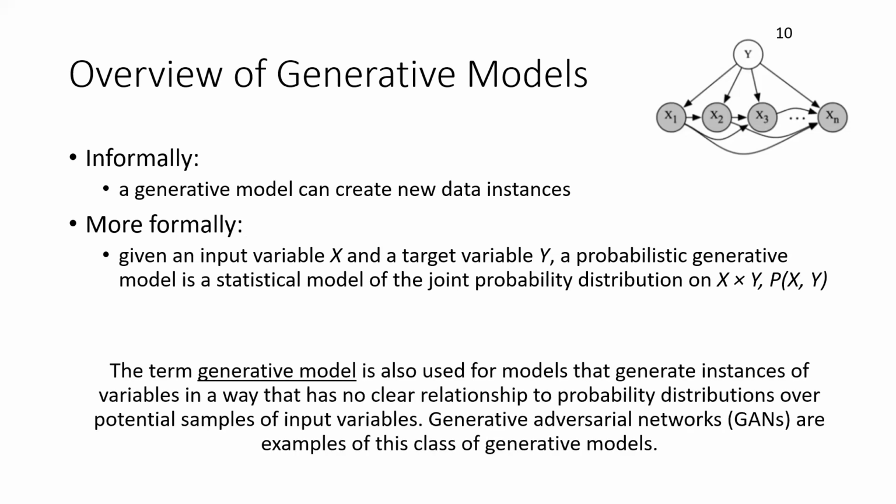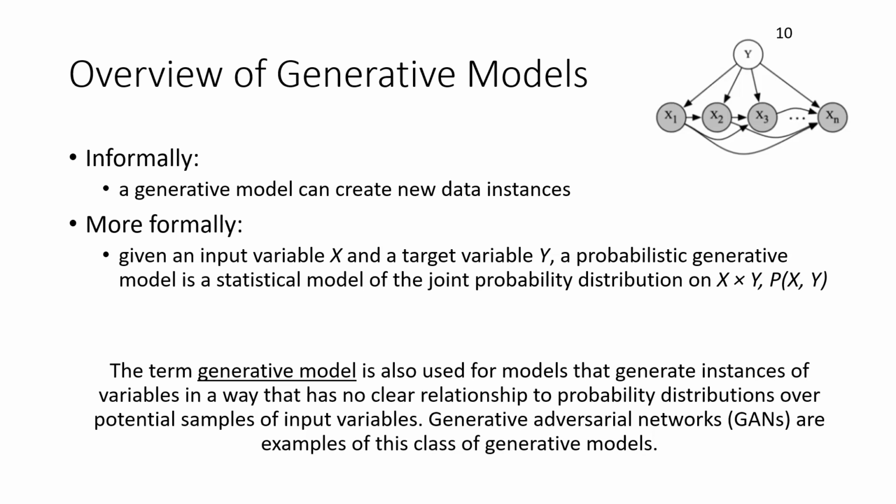Now, here I'll make a disclaimer that the term generative model has recently been used for models that generate instances of variables in a way that has no clear relationship to the probability distribution of the potential samples and input variables.